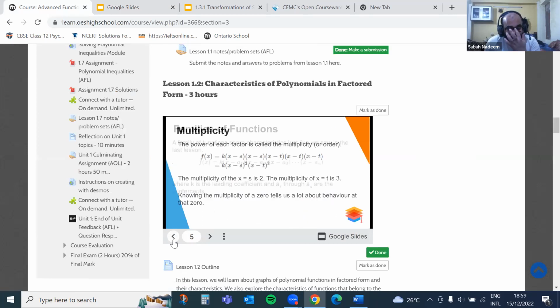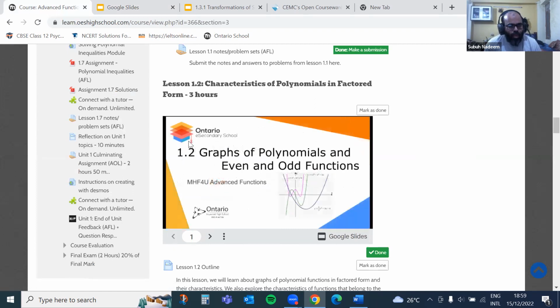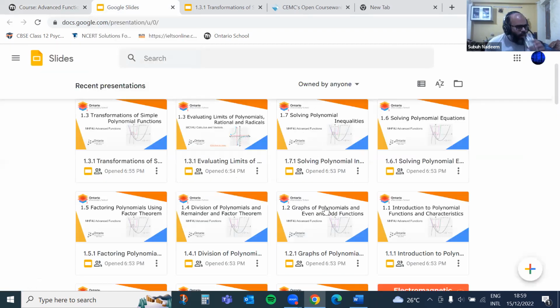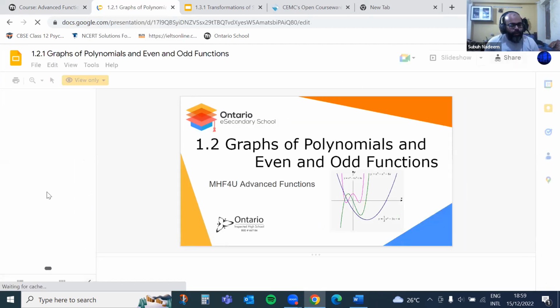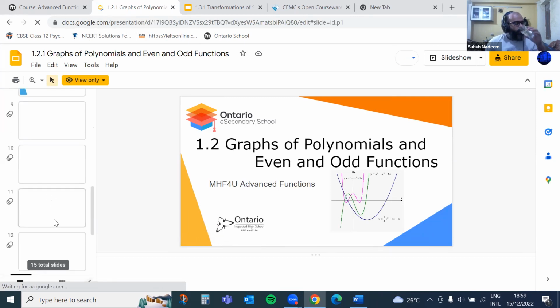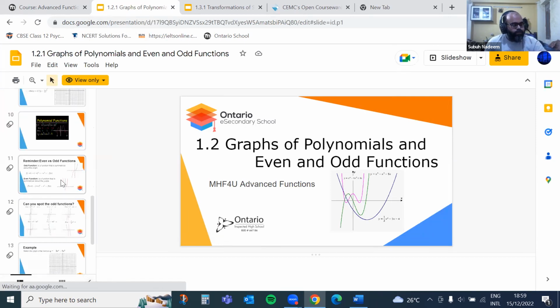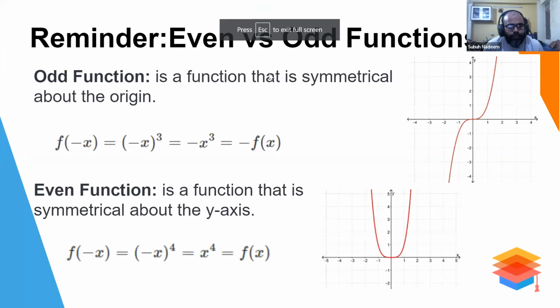So can you just zoom these slides? Yes, I just want to open the... Okay, it is the odd function, symmetrical about the origin; even function symmetrical about the y-axis.